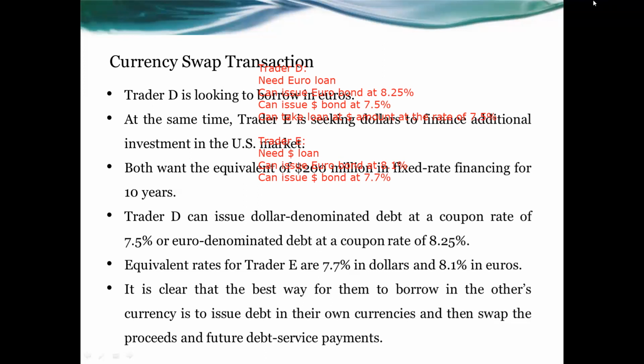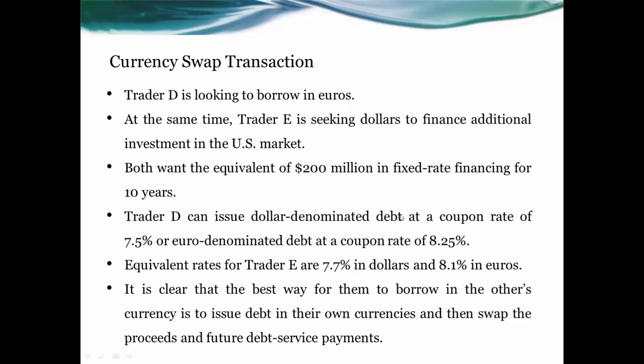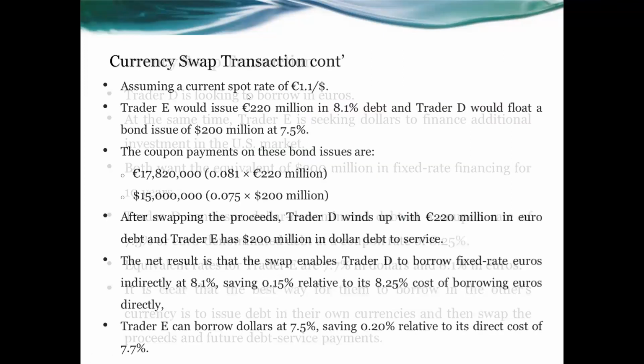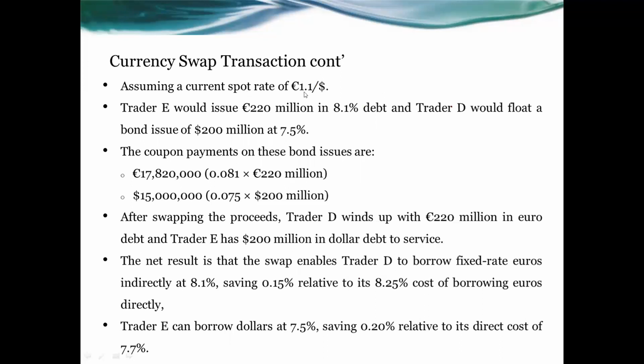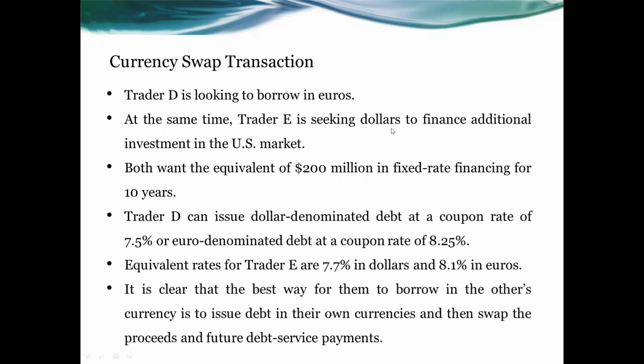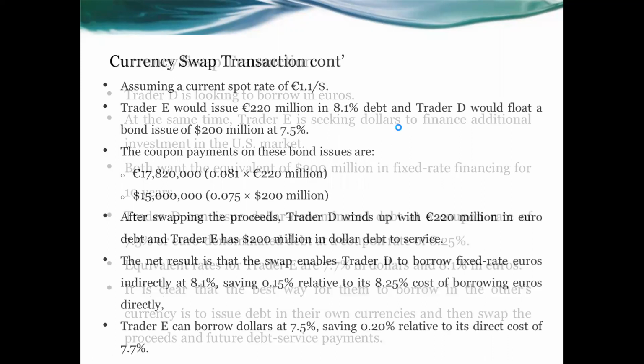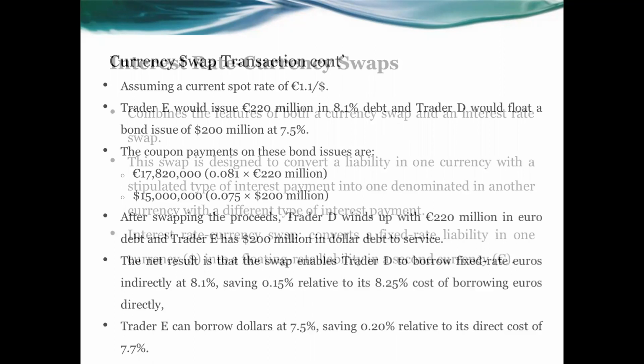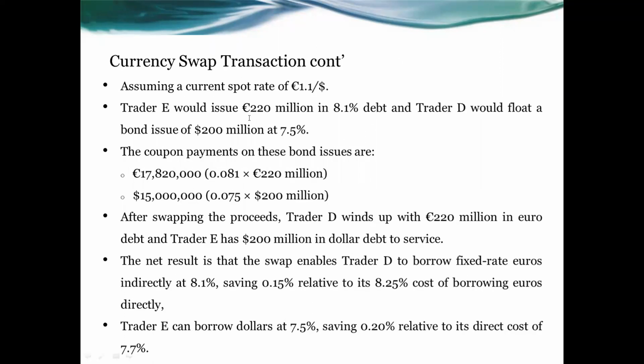So then we look at what both parties can do. Assuming the spot rate is 1.1 dollars per euro, the requirement of both parties is $200 million. Both parties have an equal value of 200 million. So what can they do?